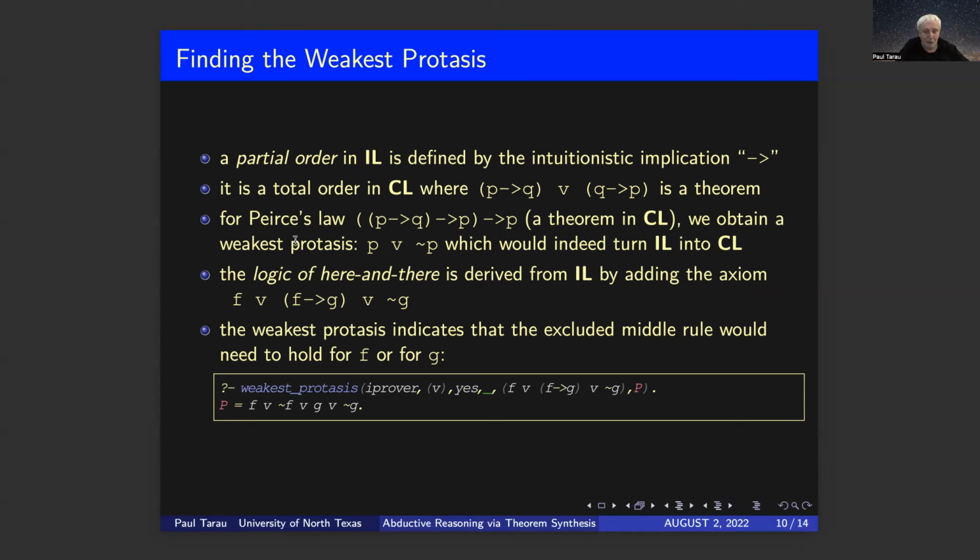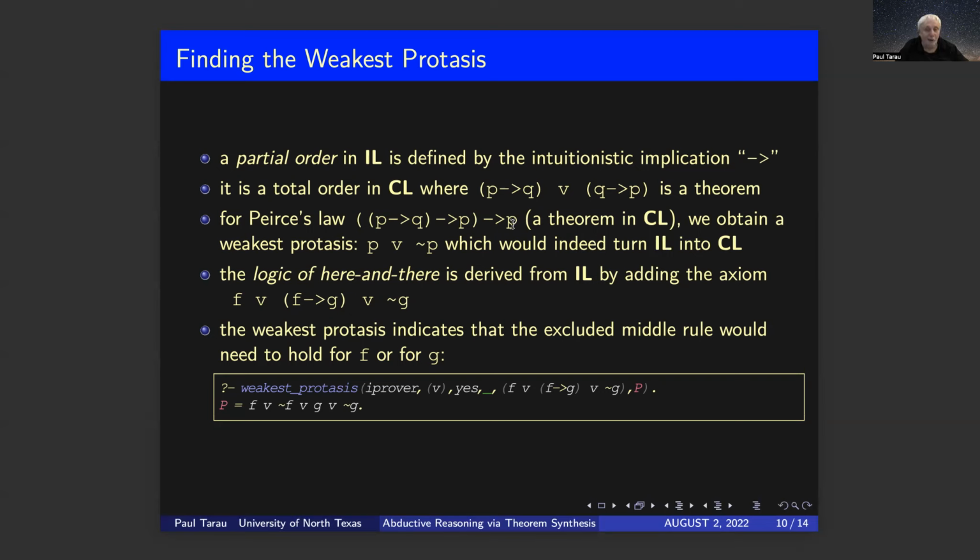For Peirce's law, we obtain an interesting weakest protasis here, which is P or negation of P. And that's actually one of the ways to turn intuitionistic logic into classical logic. If you add this as an axiom to the axioms of intuitionistic logic, then you hit classical logic.